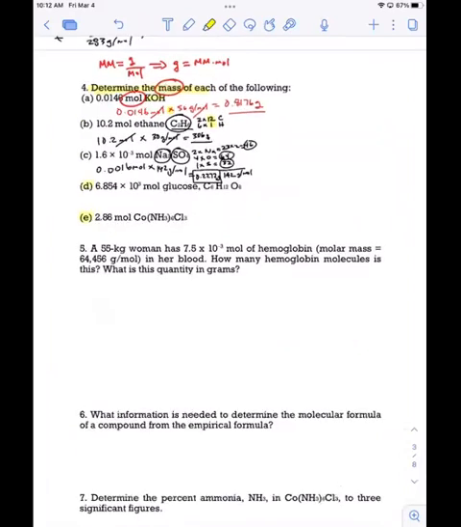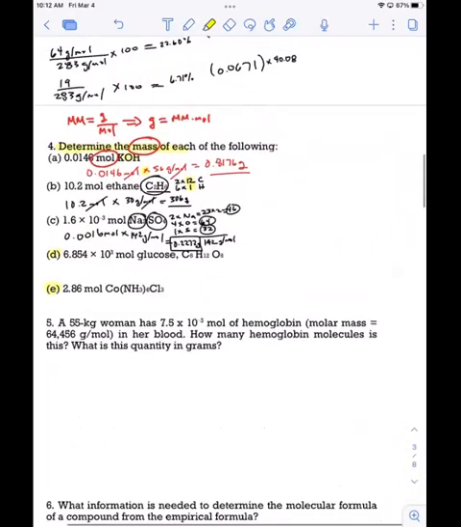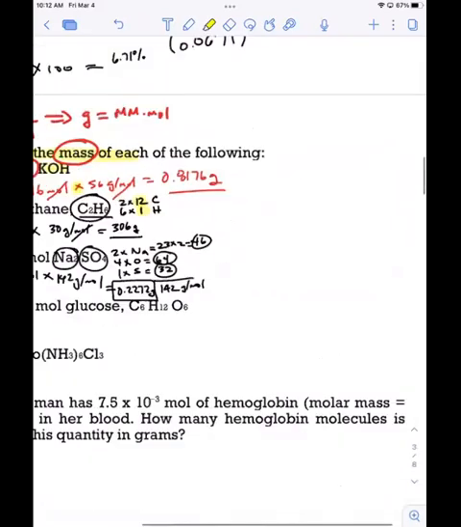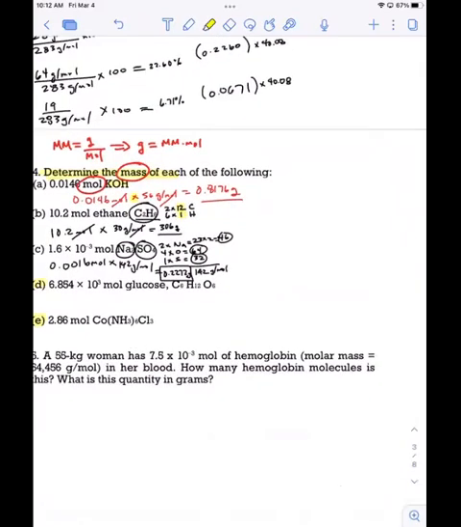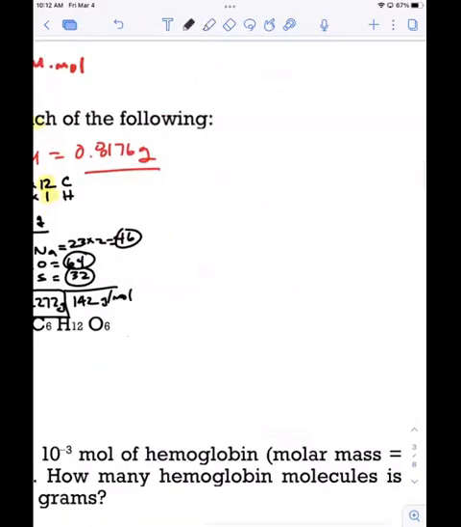Any questions about these? If you're given mass and moles, you just need to find the molar mass.